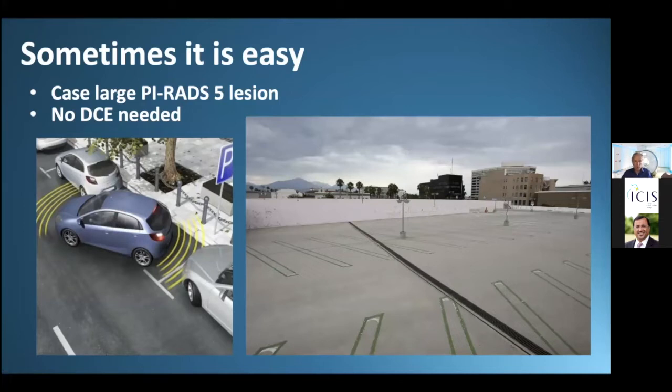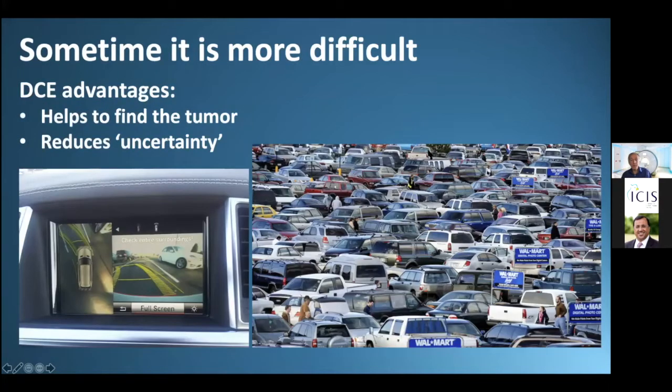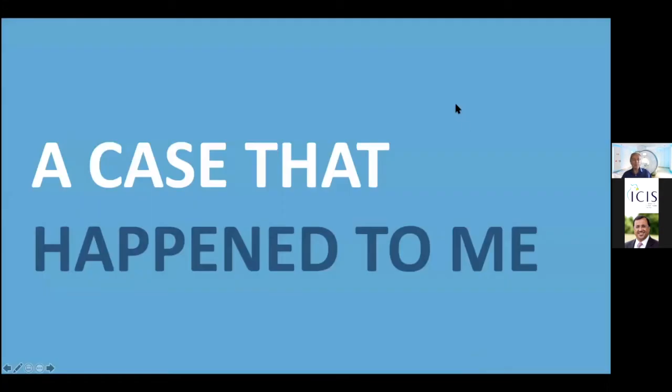And for those cases, you do not need DCE, no contrast. This is easy. Well, you don't need that much expertise to park your car. However, it becomes different when you have a parking lot like this. Then you need to have a park assist system. So then you do need to use contrast.